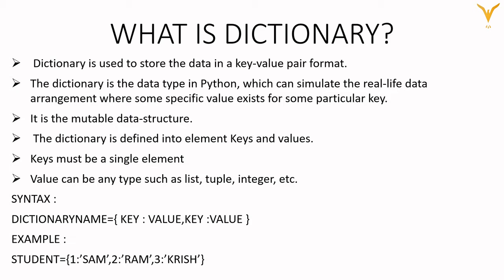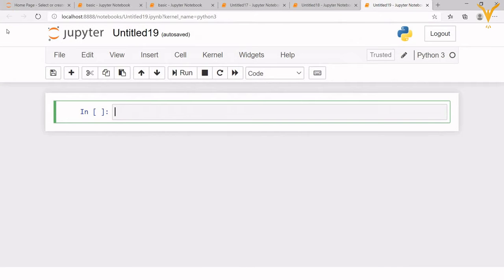Now let's see this example practically. First of all, to create a dictionary, we will give some name as data equals to, then inside the curly braces, first we are going to pass the values. So we are going to store the roll numbers with the respective names of students.